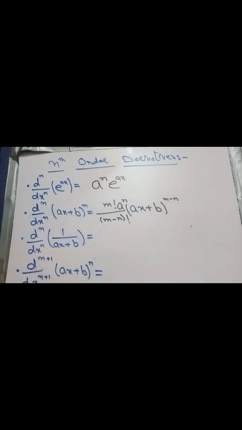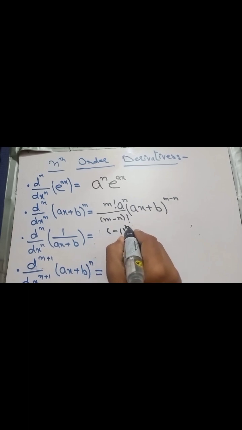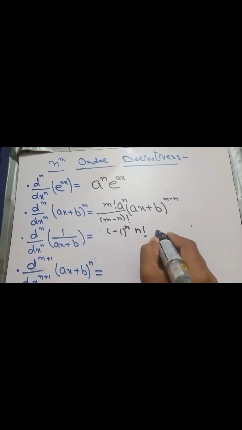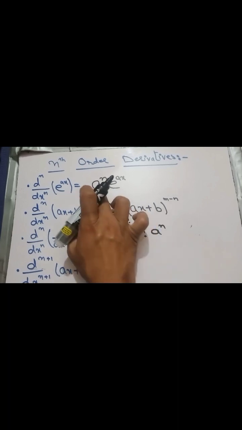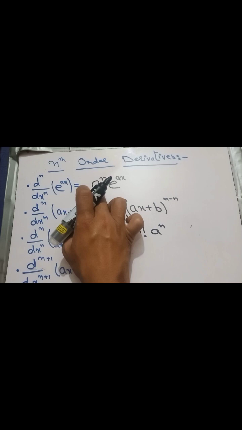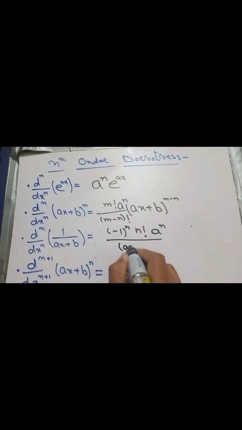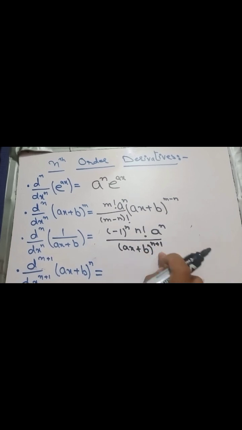Okay, the third one is the nth derivative of 1 over ax plus b. We just need to memorize the formula: minus 1 power n and factorial of n, a power n, just like before, because we are taking the nth derivative. And we can observe that the power of ax plus b is 1 greater, n plus 1.